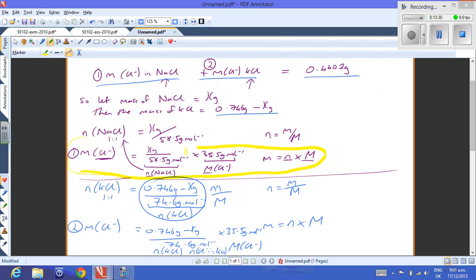So the mass of chloride ions in NaCl, take that expression plus this expression, the mass of chloride ions in KCl. We add the two of them together, like here, add those two together and let them equal 0.4402 grams. So I'm going to do that now on a clear new page.